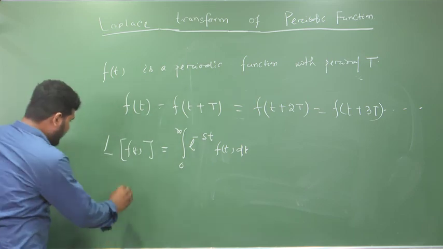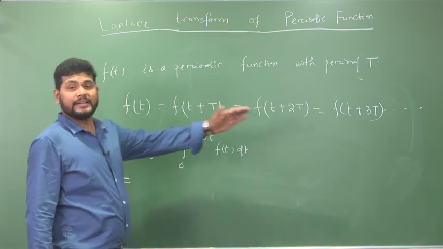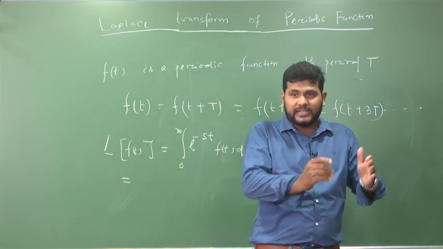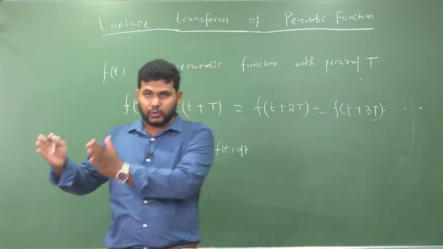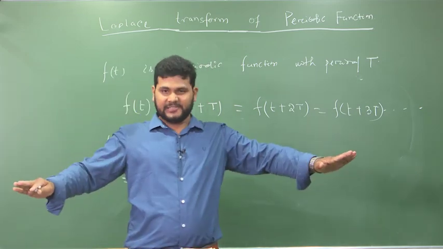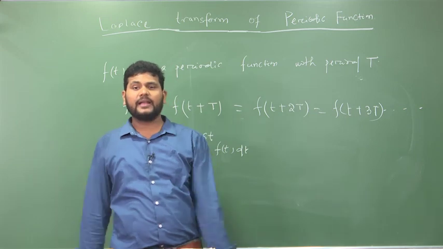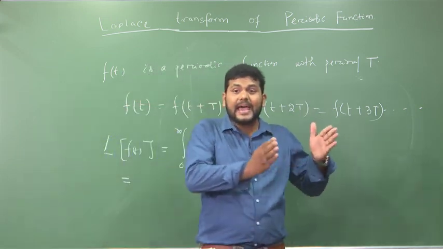Now we will break this into T intervals. In each T interval, 0 to T, T to 2T, 2T to 3T, after each T interval I have the same behavior.